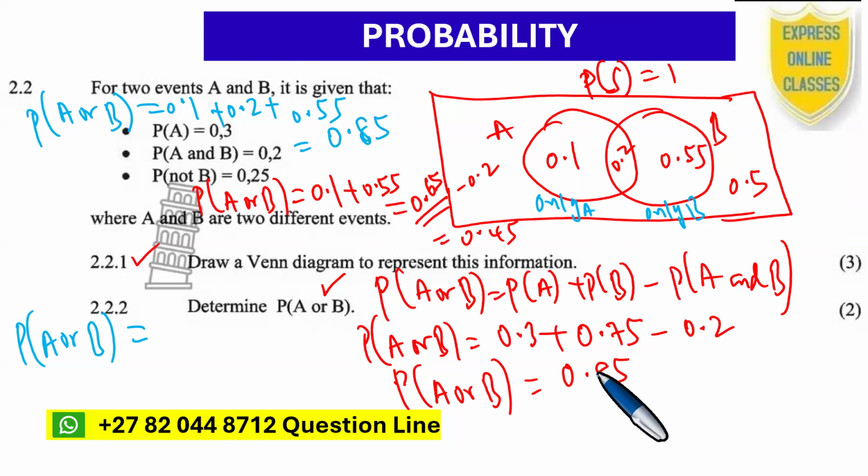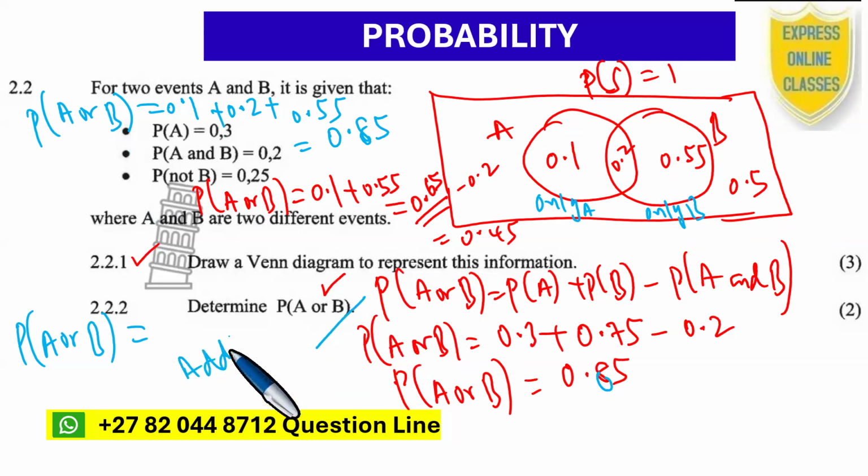What is the addition rule that we can use for this, Pechalelo? We think clearly. If you want to find the probability of A or B, it is either only A, or only B, or both A and B. Now you can just take the 0.1, 0.55, and the 0.2 and add them up, and this is going to give us the probability of A or B. Or you use the addition rule.